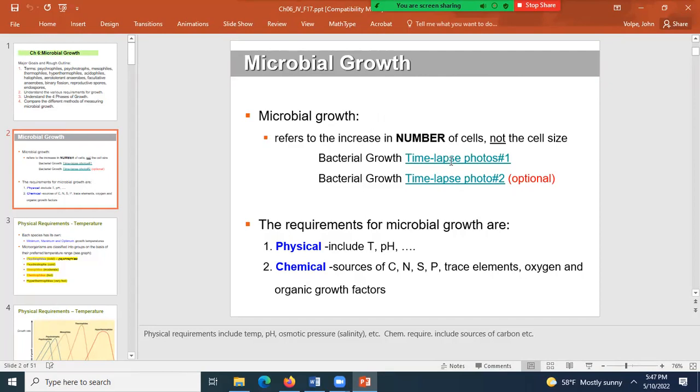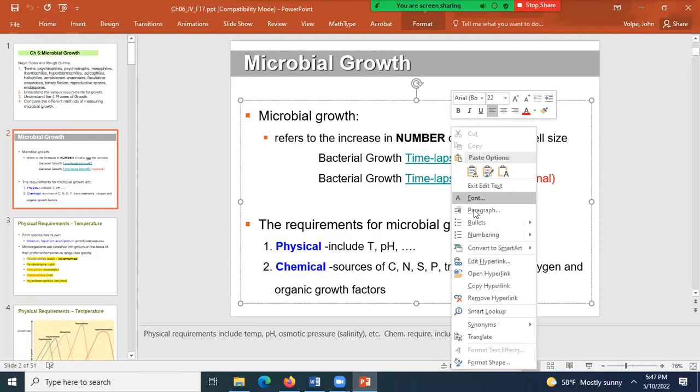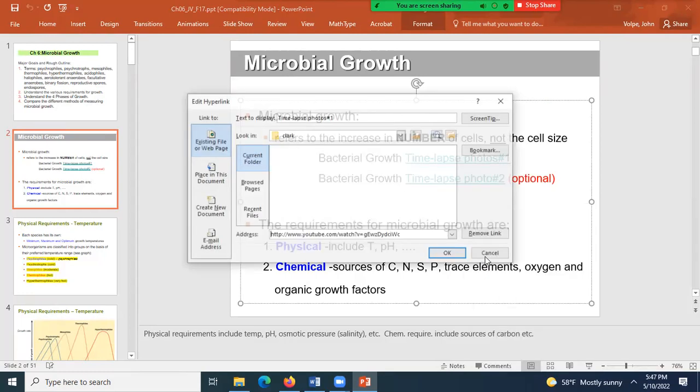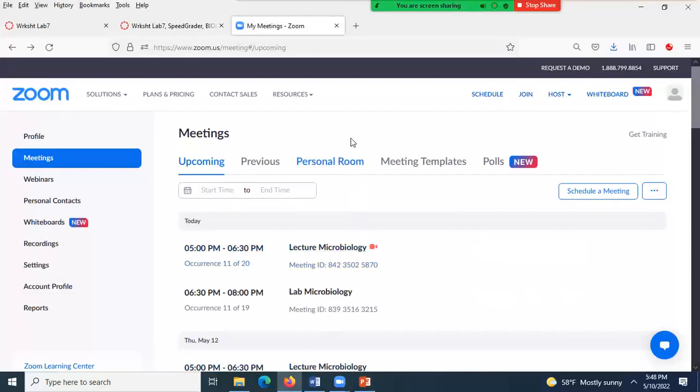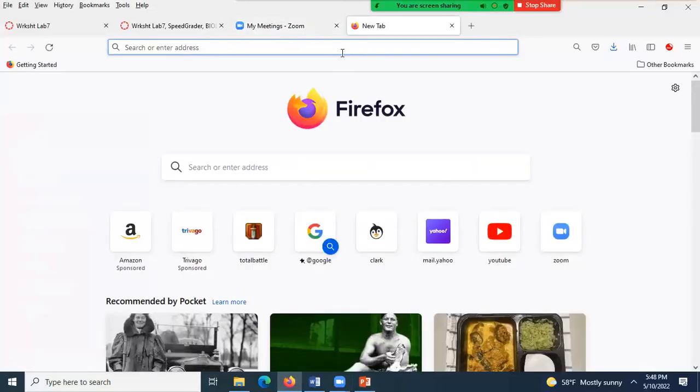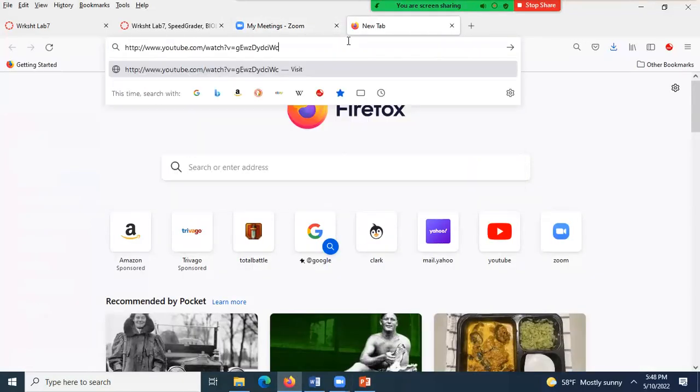And I've got a little video here showing you the growth of cells. And this will take a little while to load, so I'll continue while it's loading.